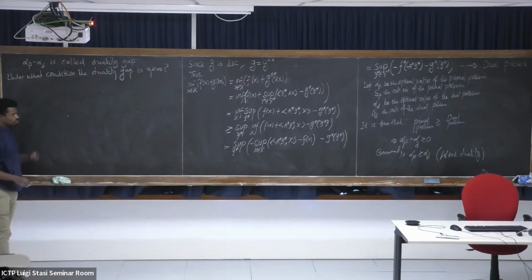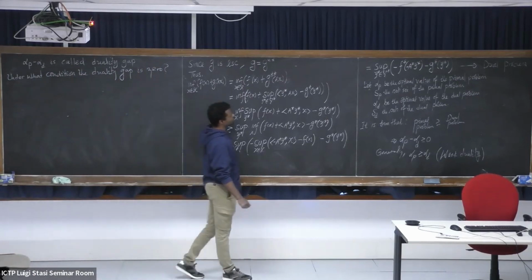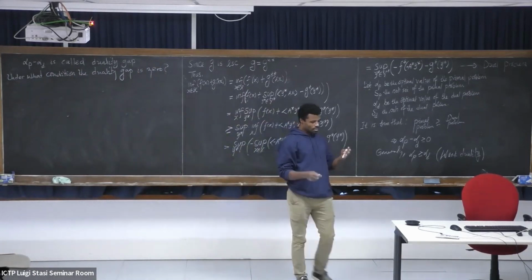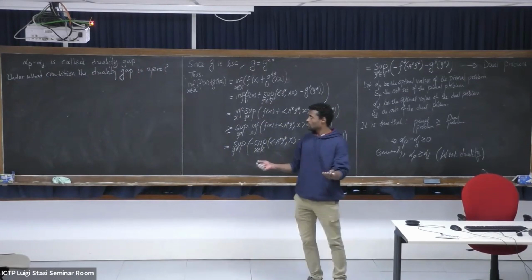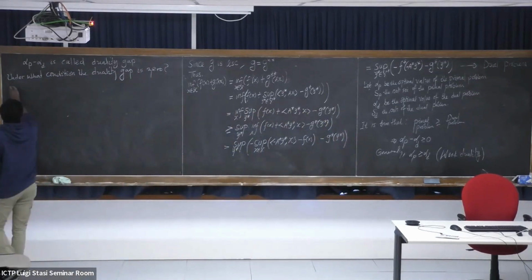So how can we make the optimal solution of the primal problem and the optimal solution of the dual problem have a difference of 0, meaning that they are equal?